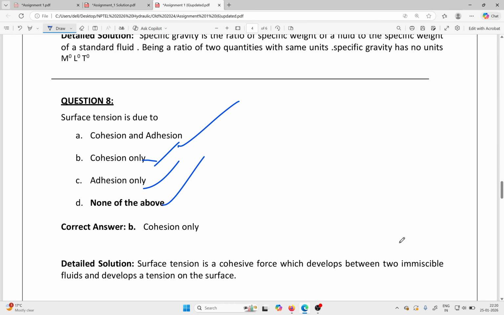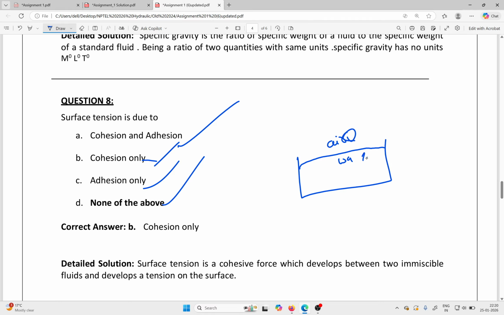The surface tension is a cohesive force which develops between two immiscible fluids and develops a tension on the surface. Means the water in the container. So if this is water here, so here outside air and this is your water.